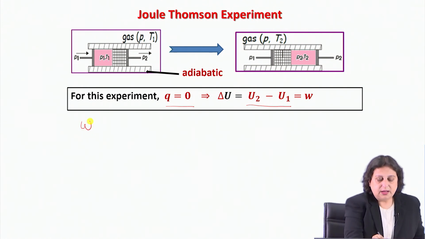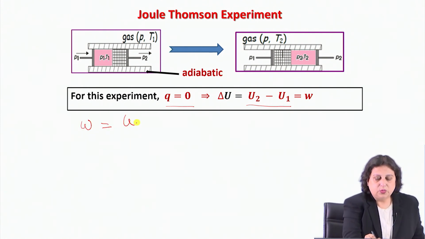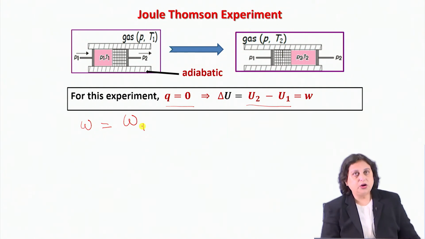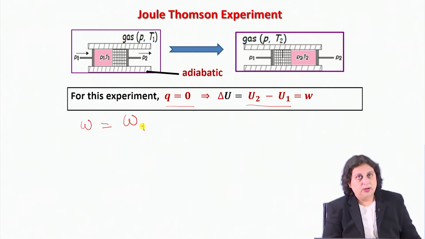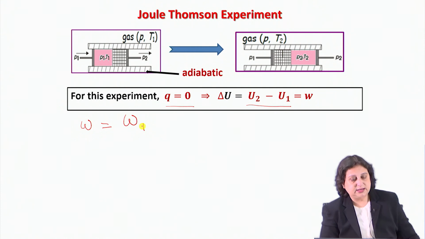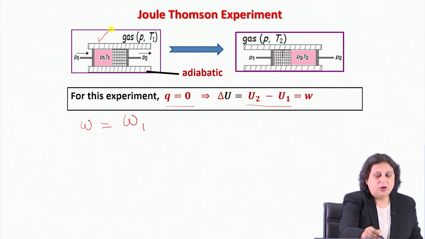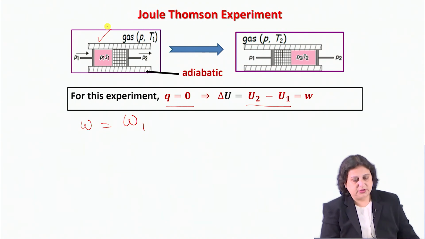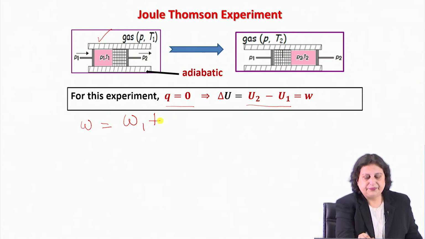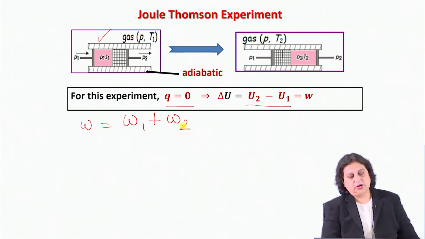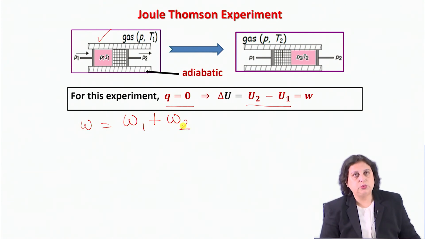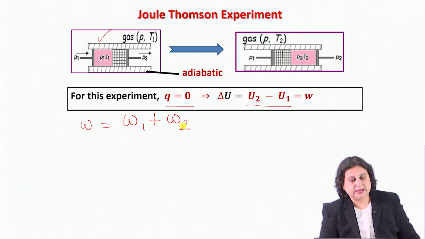W must be equal to W1, that is the work done during this change of state in compartment 1, the compartment on the left hand side of the porous plug, plus W2, which is the amount of work done in compartment 2 on the right hand side of the porous plug.